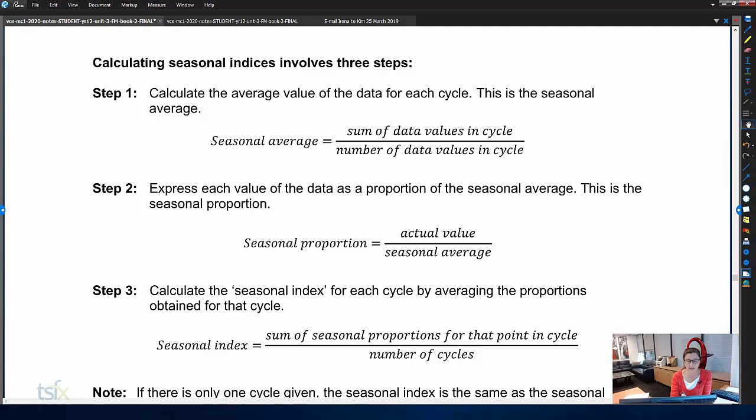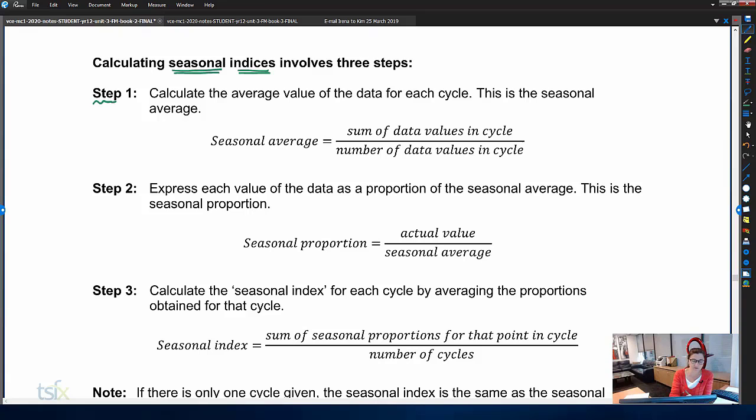When you are calculating seasonal indices, we've looked at interpreting seasonal index values. Now we're looking at the actual physical calculation if you're given a set of data. There are many steps in this process, but if you work systematically, it's very straightforward.